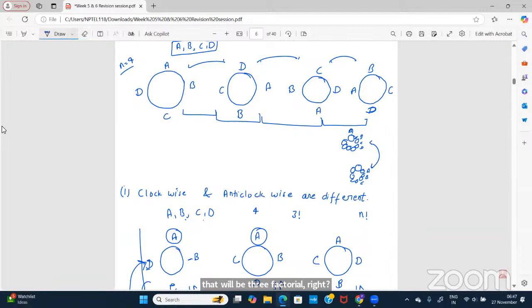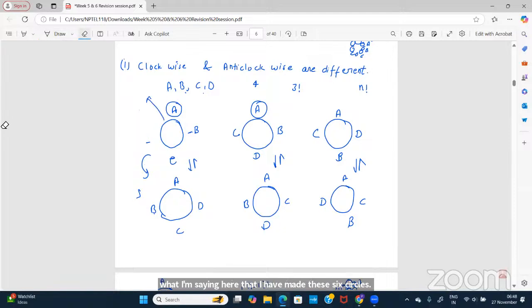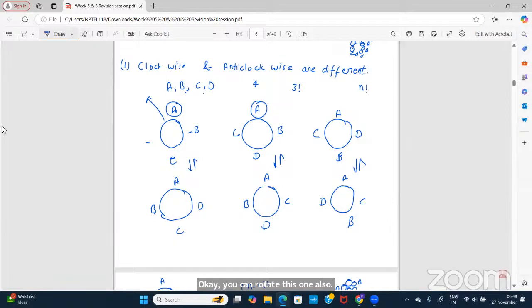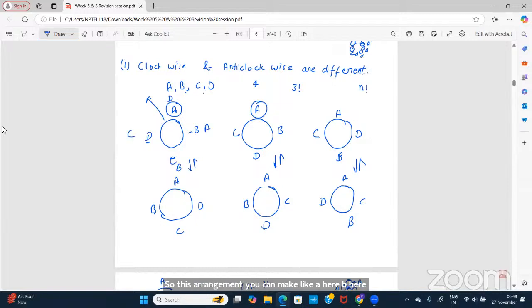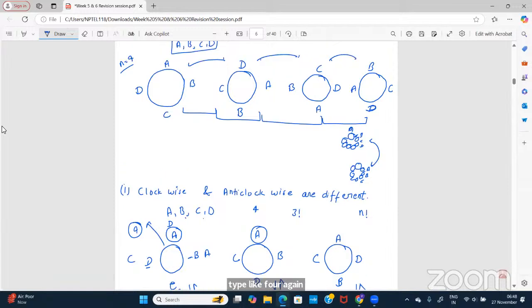See what I'm saying here, I have made these circles. You can rotate this one also, right? If you rotate this, you can make the arrangement like A here, B here, C here, and D here. This will again give you 4 arrangements, but these 4 are the same because we are arranging the items in circular fashion.